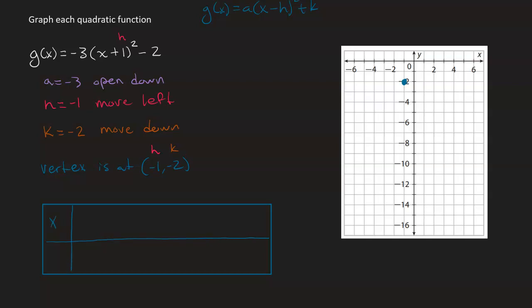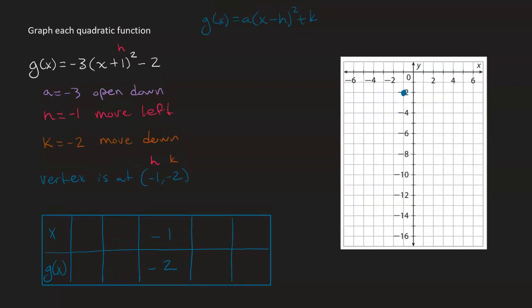So let's have our x values in the first row and my outputs, meaning my g of x, in the second row. Because at my vertex, my x value is -1, I actually want to start with -1 in the middle. And I know that output is -2, meaning I want to choose 2 values to the left and 2 values to the right. So if I'm choosing 2 values to the left, let's do -2 and -3. And then 2 values to the right would be 0 and 1.